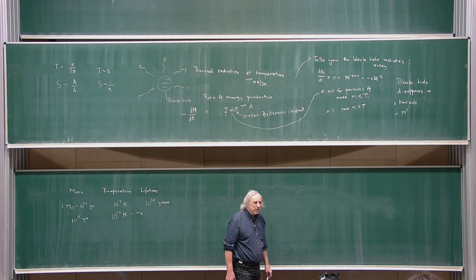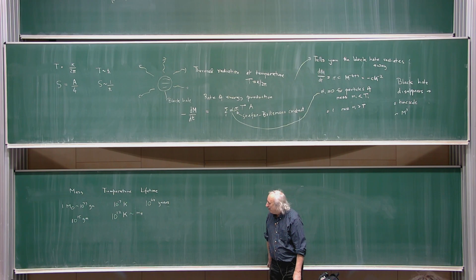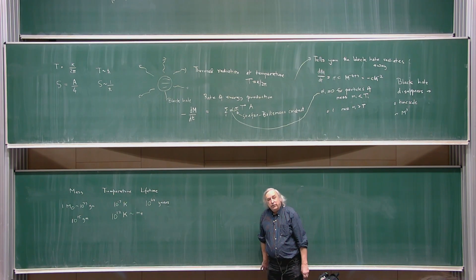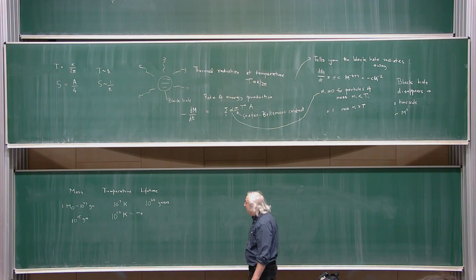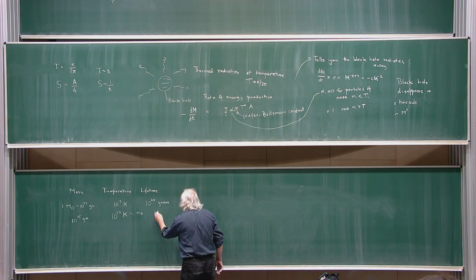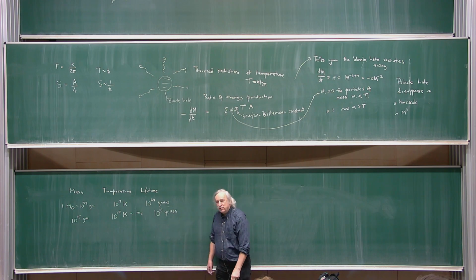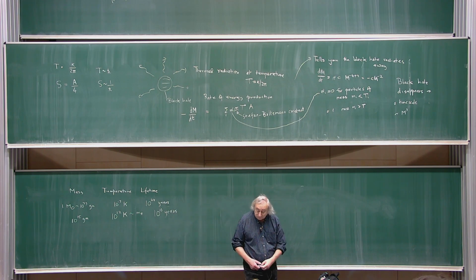So in that sense, it's not completely out of our everyday experience. What's the lifetime? The answer is 1 Hubble time, more or less, 10 to the 10 years. So if you're a cosmologist, you might find this interesting.